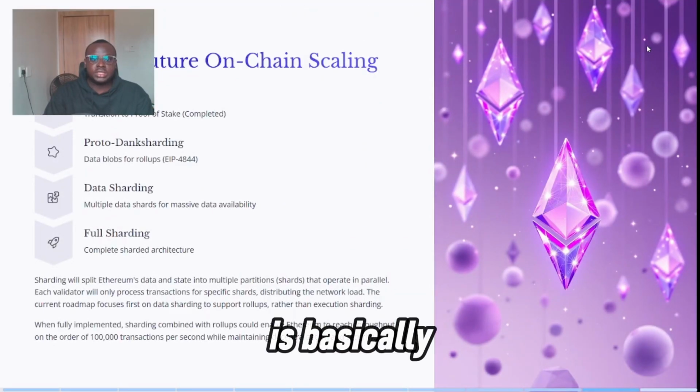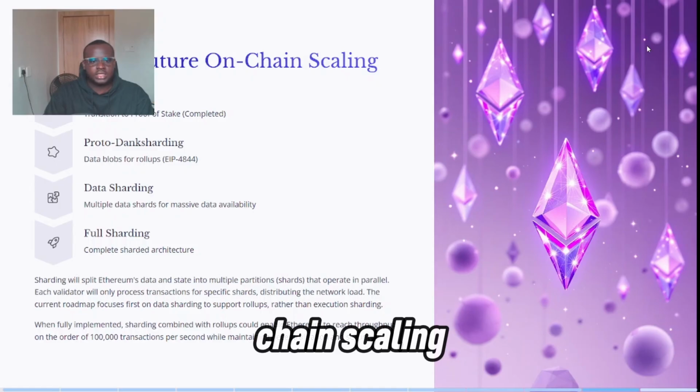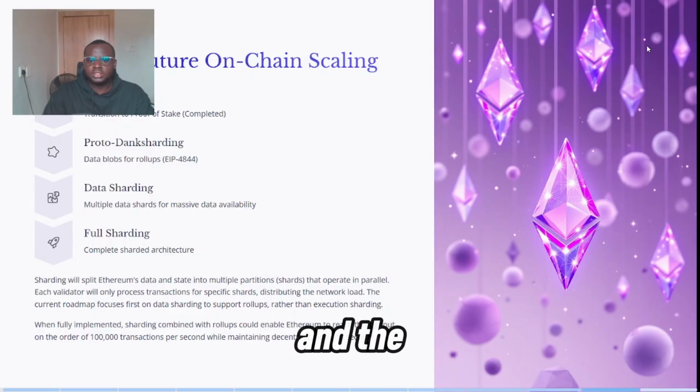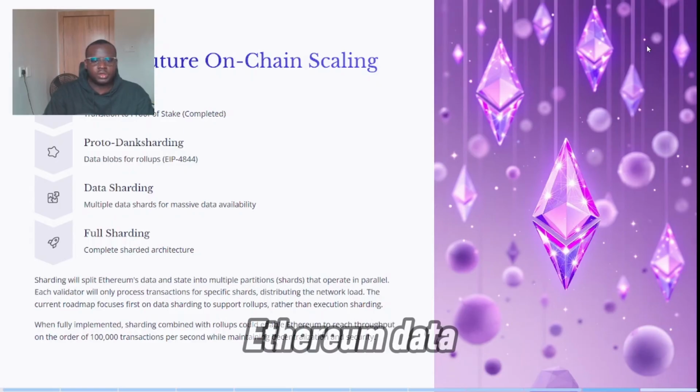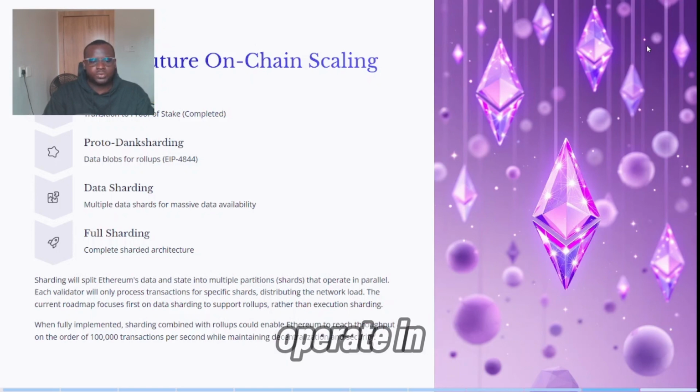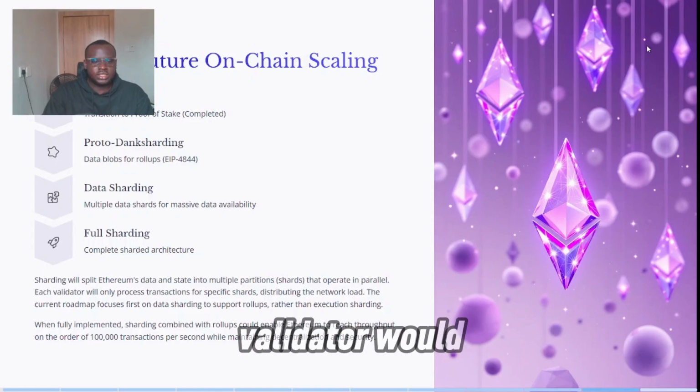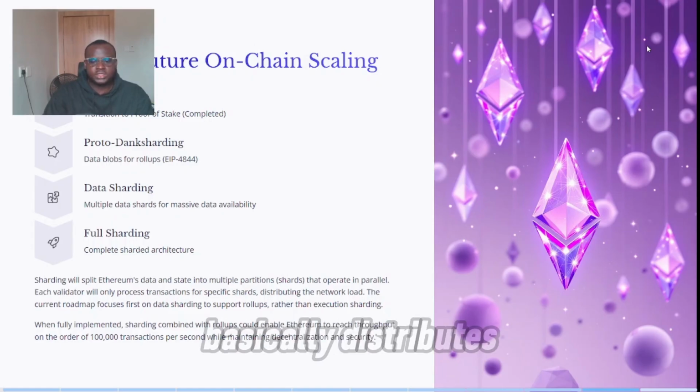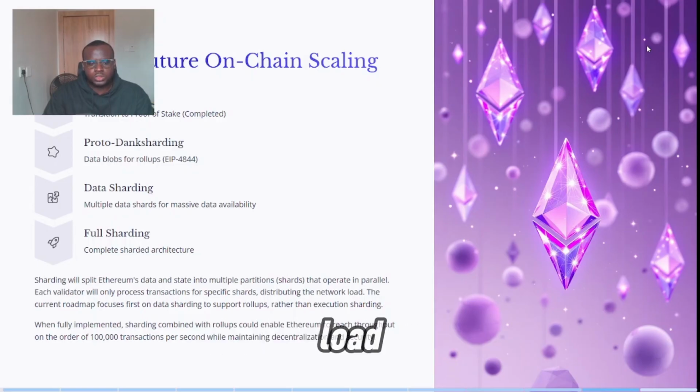So sharding is the future of on-chain scaling, and there are a couple of things that have to be done before sharding is complete and the scaling solution comes to an end. Sharding will split the Ethereum data and state into multiple partitions that operate in parallel. Each validator would process transactions for a specific shard, and this distributes the network load.